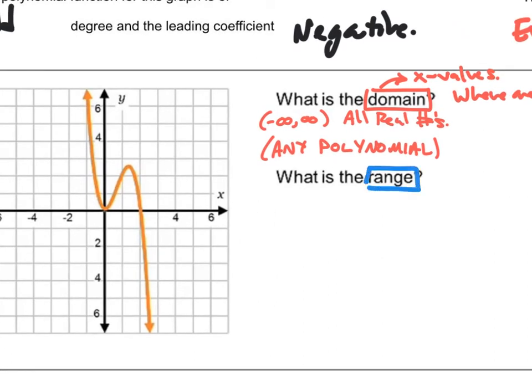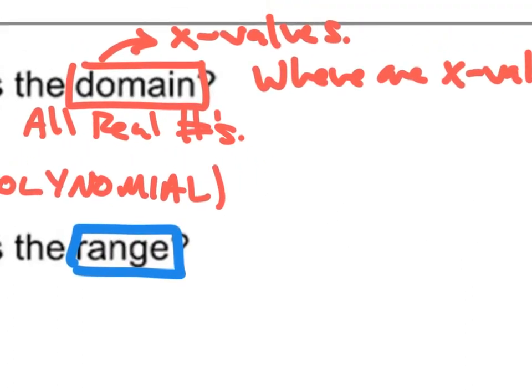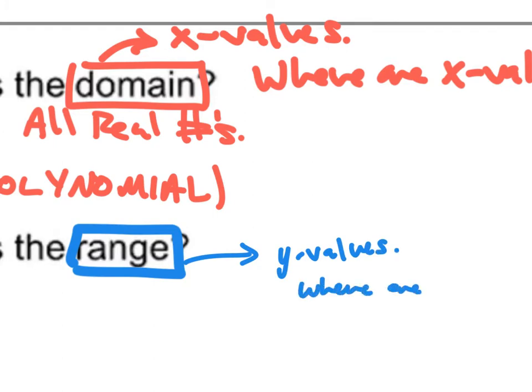And what does range mean? If domain is x values, what is the range? The y values. Yeah, it's the y values. And so it says, where are the y values?